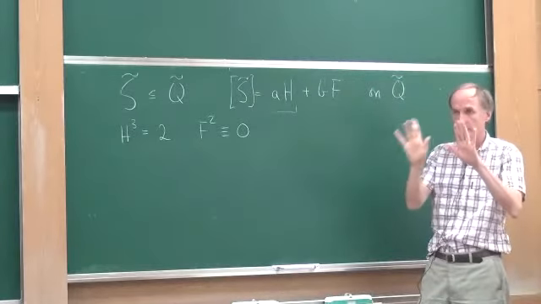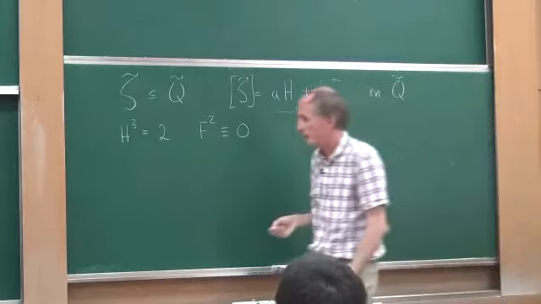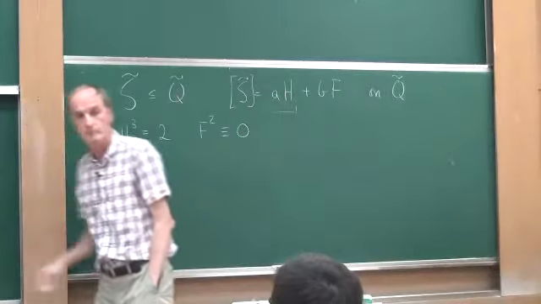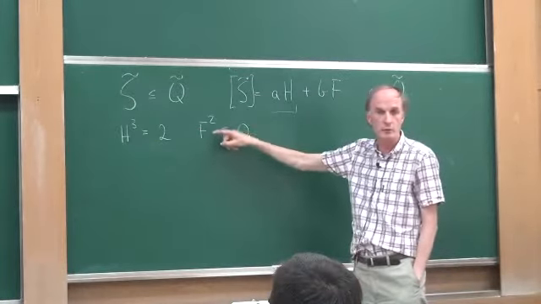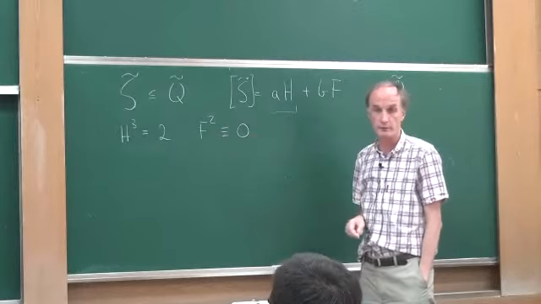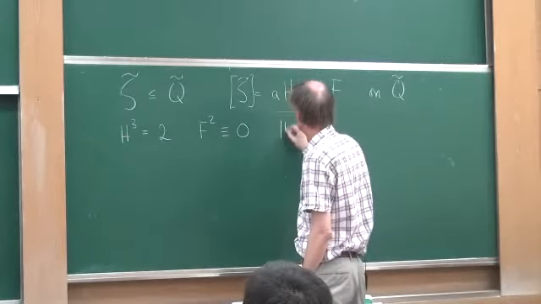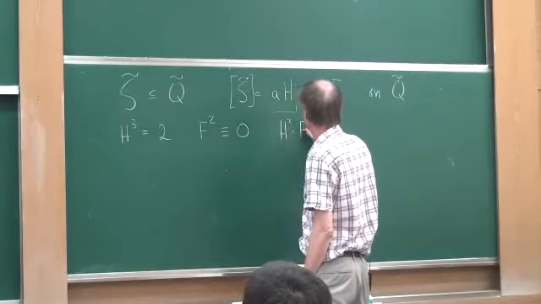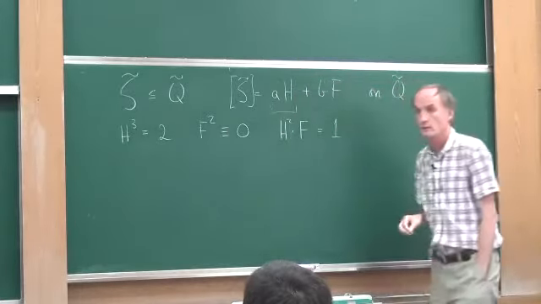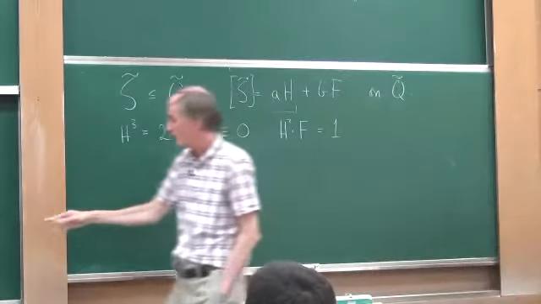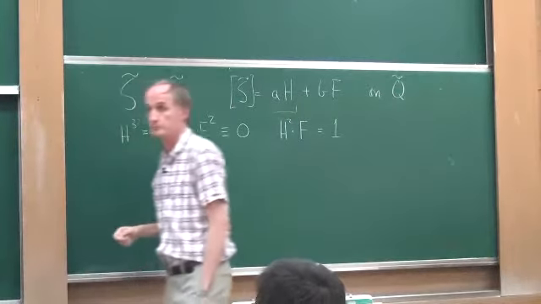If I take two fibers and intersect them, I get nothing, whatever I intersect with them afterwards. These are fibers over P1. So F squared times F, and F squared times H, are both equal to 0. Okay? But H squared times F is 1, because the fiber here is just a plane inside P4.